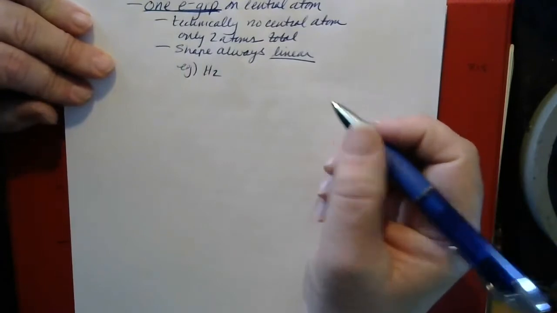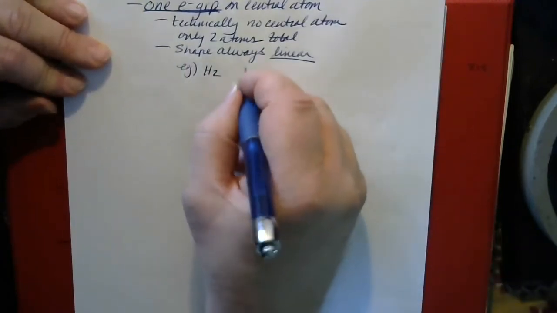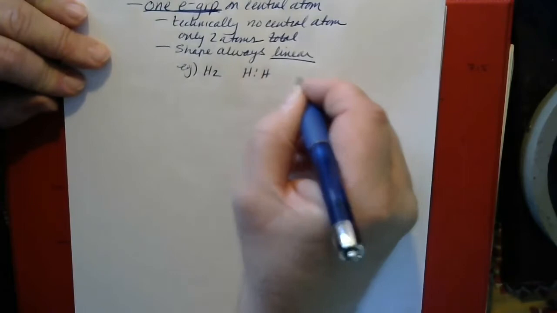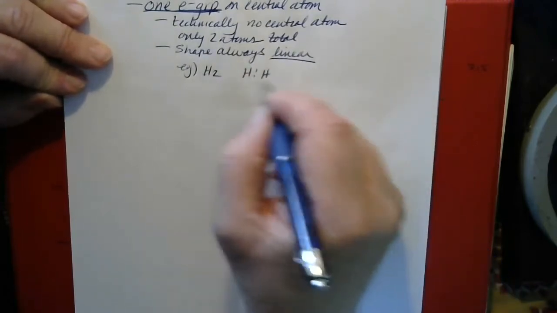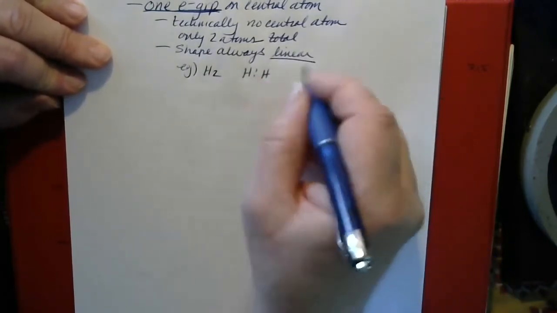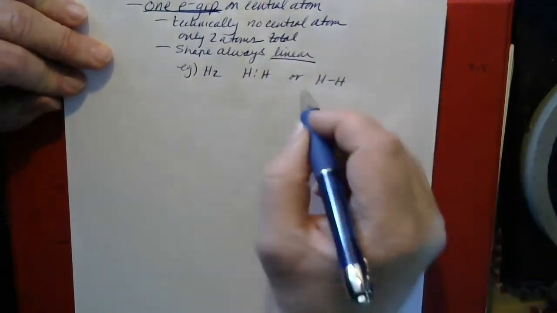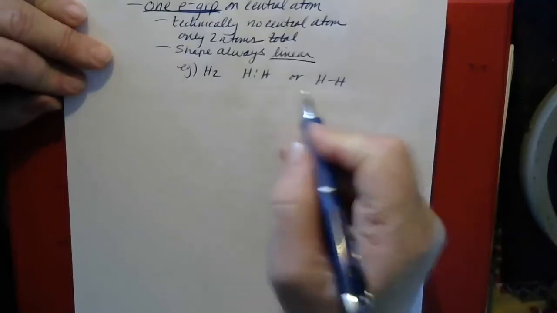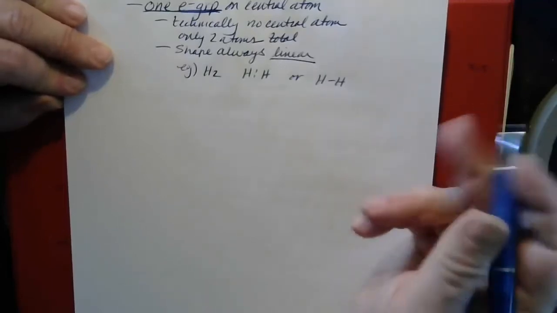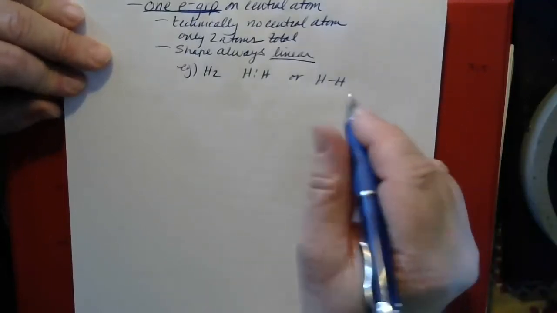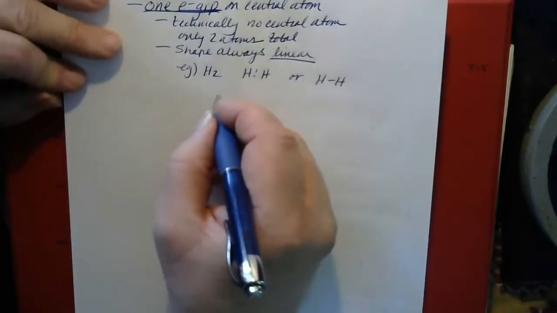So a case like this might be hydrogen. That's the simplest one. The Lewis structure for hydrogen can be written like this, with H dot dot H or H line H. And obviously the only way you could arrange those 2 atoms would be in a straight line. No matter which way you orient them, they're going to be a straight line.